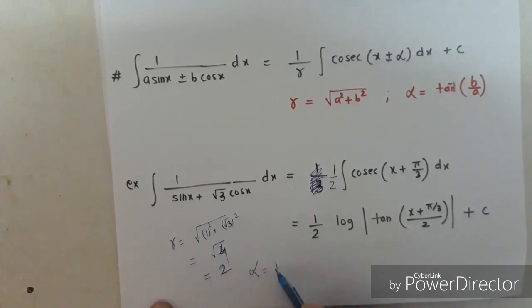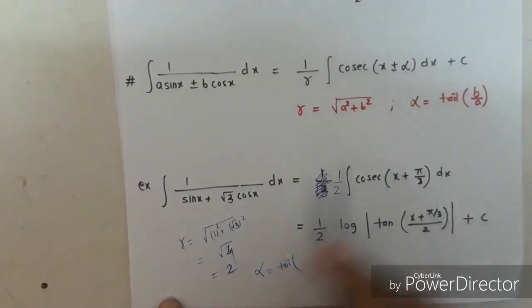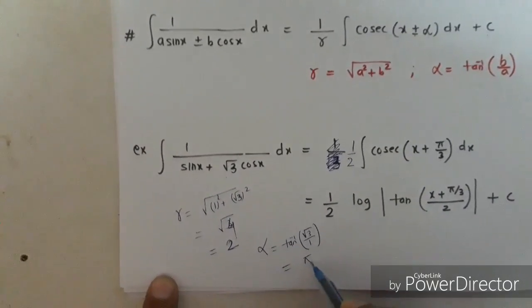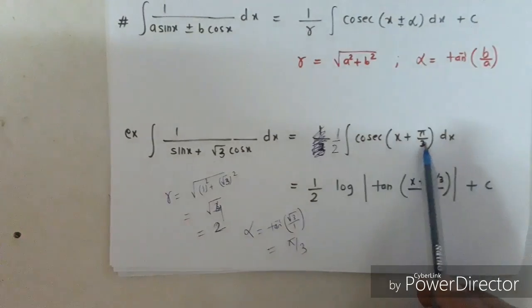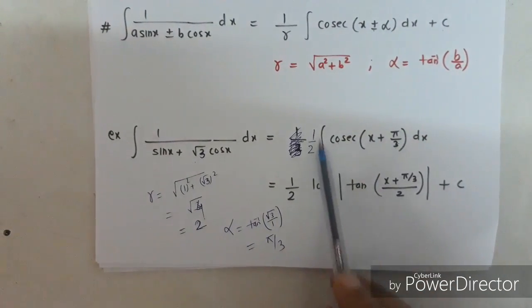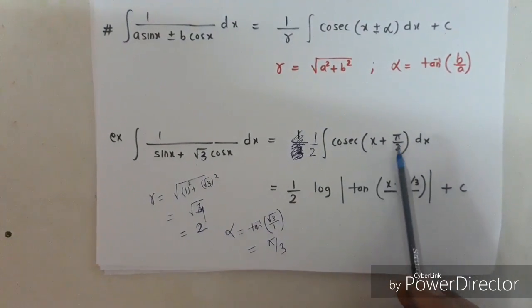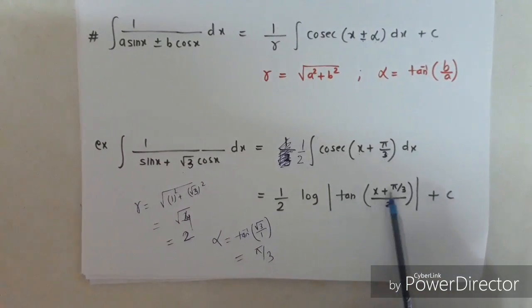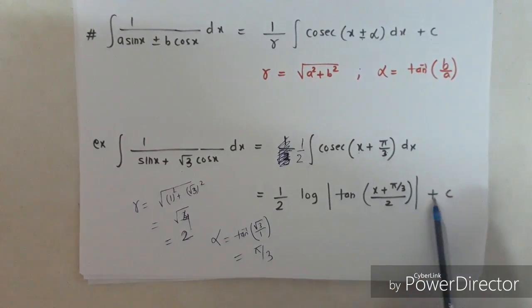What is alpha? It is tan inverse of b by a, so it is root 3 by 1, which equals pi by 3. So that is how we get half times integral cosec (x plus pi by 3). Now the integral of this is log mod tan((x plus pi by 3) divided by 2) plus c.